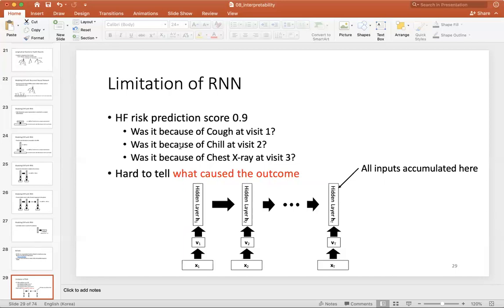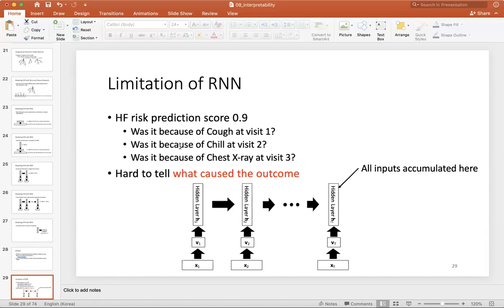But anyway, when I first used RNN for predicting heart failure based on electronic health records, it outperformed classical models such as support vector machines or logistic regression by quite a big margin, and even a neural network with a single hidden layer. But performance itself is not enough in a lot of cases in medical domains, because it's really hard to convince doctors to believe in a model that doesn't explain itself.